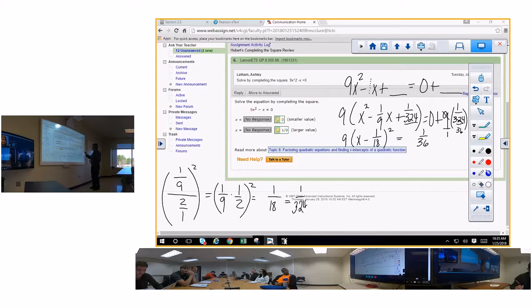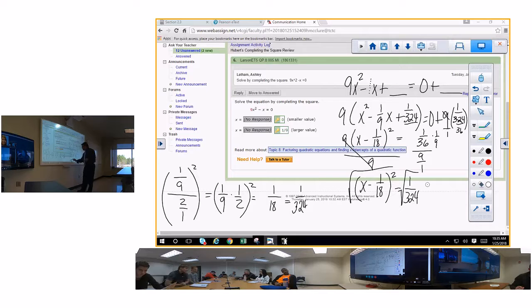They want you to find the x-intercepts. So divide by 9. Divide by 9 over 1. That cancels. I get x minus 1/18 quantity squared is equal to, you don't divide by a fraction, you multiply by the reciprocal. And I think that's going to come out to be 324, right? 324. And that's positive, yeah, you got to take the square root of it.